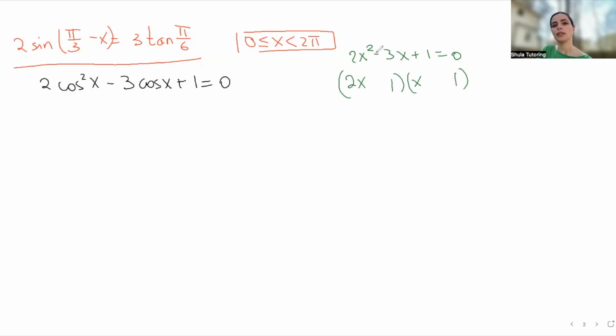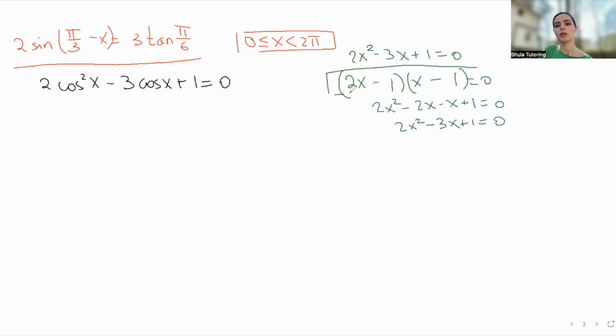Well, with the first sign being minus and the second sign being plus, we are left with only this option, right? Minus and minus. So let's FOIL it and see if we did it correctly. So we get 2x squared minus 2x minus x plus 1 is equal to 0. 2x squared minus 3x plus 1 is equal to 0. Perfect. So we did it correctly. So this is the way to factor this into two parentheses.